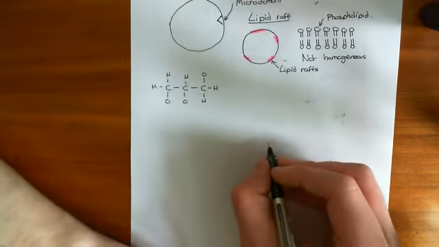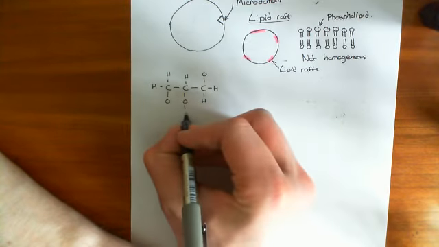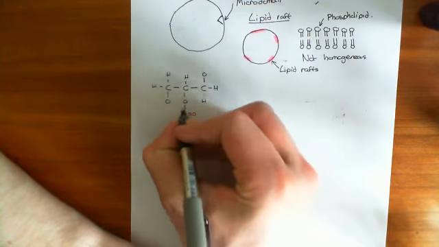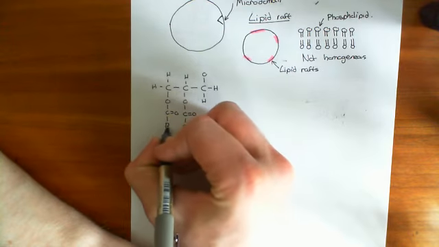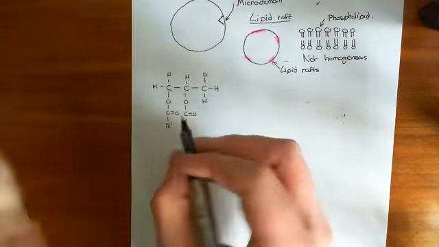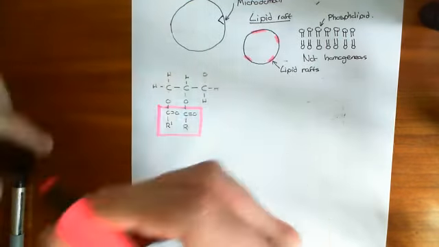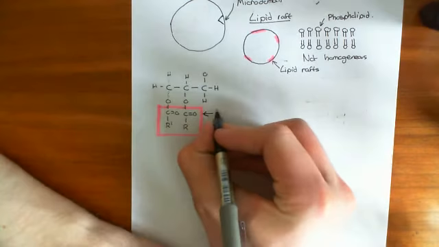Now, to make a phospholipid, what you do is you ester link a free fatty acid to each of these 2 hydroxyl groups. So we have 2 long-chain carboxylic acids, or free fatty acids, so I'll highlight those as free fatty acids. So these are long-chain carboxylic acids, or more commonly known as free fatty acids.